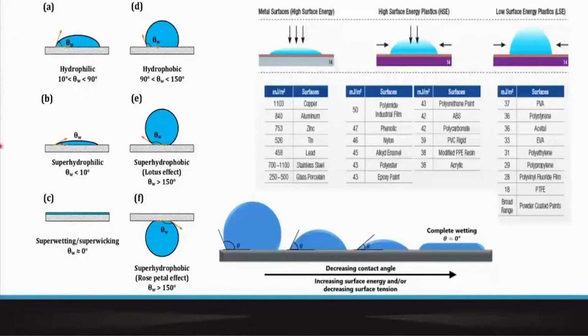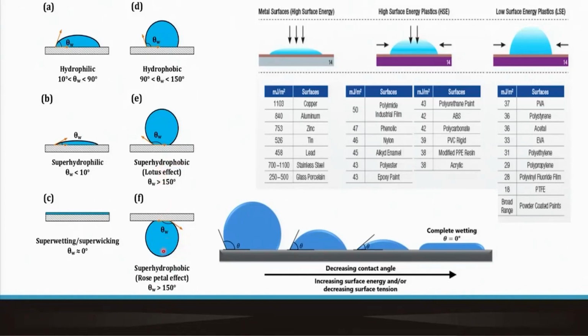So in order to ensure this, and borrowing from nature, one can also synthetically create hydrophobic surfaces, and these hydrophobic surfaces can be tailored in such a way that the wetting angle can be not only higher than 90 degrees, it can be close to even 150 or even higher than 150 degrees.